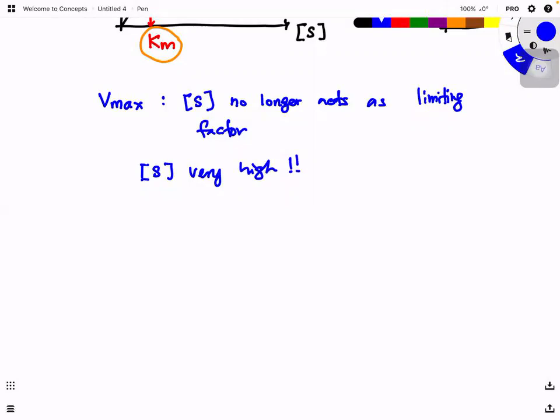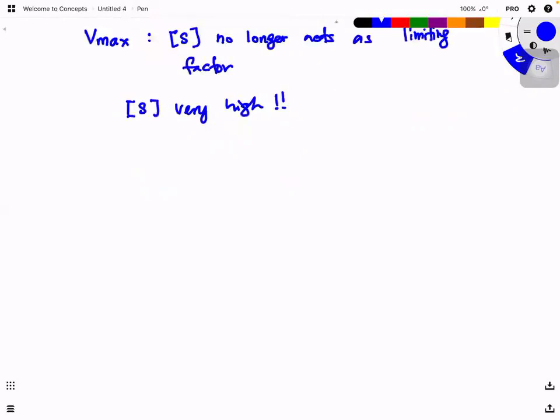How high is high? The only thing we know is that the substrate concentration approaches infinity. Are you clear? That is very high.